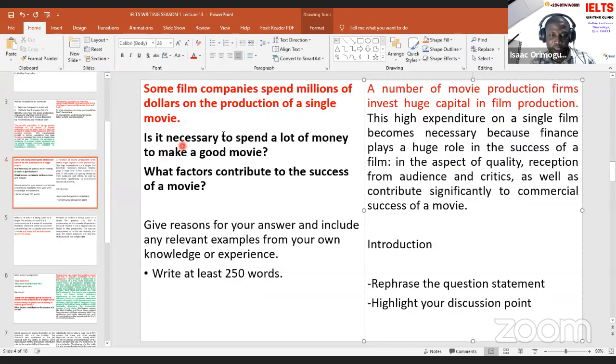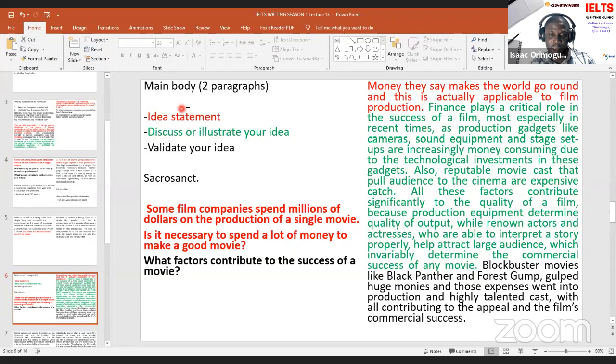And there were two questions. Is it necessary to spend a lot of money? So I said I support the fact that you need to spend money. What factors contribute to success? I did not deal with that here because I said you can choose not to raise the second issue in your introduction. So the main body now, I said number one is the idea statement.